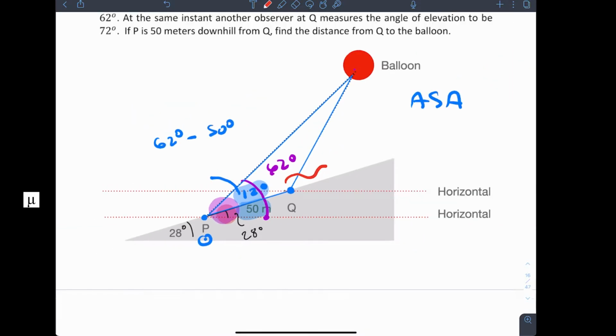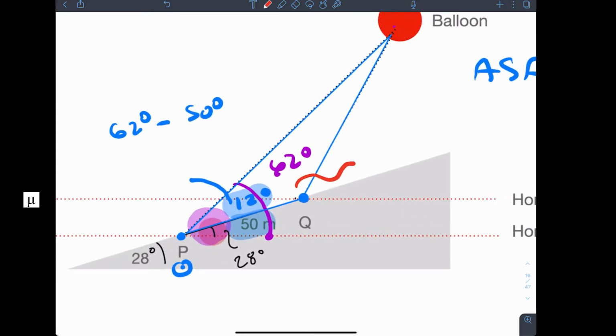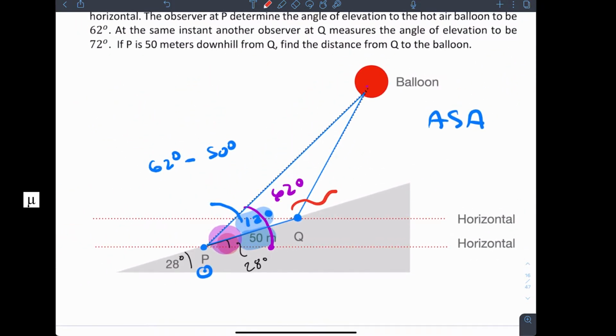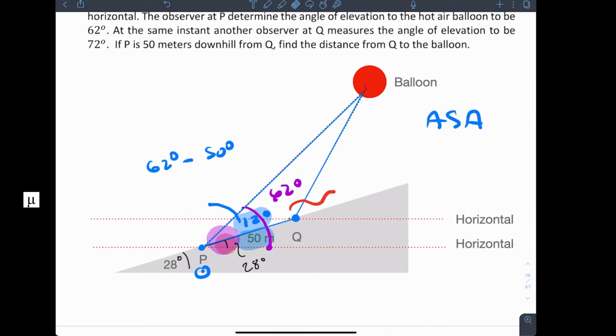Anybody know? Because let's kind of think about this, right? What are they going to say here? At that same instant, an observer at Q. Oh, there's another part of information there. Sorry, 62 degrees minus 12 degrees. Sorry, I was looking at the number 50 down there.